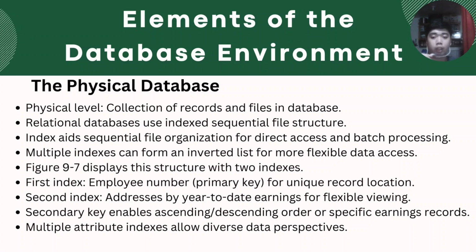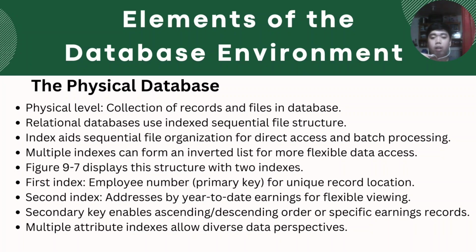This distinctive architecture, which you can see in Figure 9.7 in the next slide, combines an index with sequential file organization. This combination not only facilitates direct access to individual records but also supports the batch processing of entire files. Moreover, by employing multiple indexes, a cross-reference known as an inverted list can be formed, enhancing the flexibility of data access.